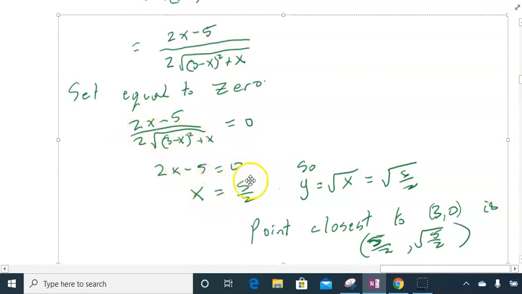So x will be equal to 5/2. And so y would be equal to radical x from our original equation. So that is going to be radical 5/2. So our final answer is to say that the point closest to (3, 0) is (5/2, radical 5/2). And that is the solution to our problem.